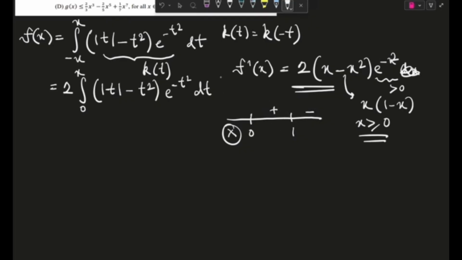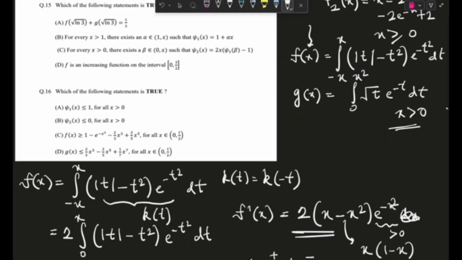So now let's look into the options once. I hope you can understand that I differentiated this equation because I am looking at the options. If you observe question number 15 in this screenshot, option D says f is an increasing function in the interval 0 to 3 by 2. So 3 by 2 is basically 1.5.